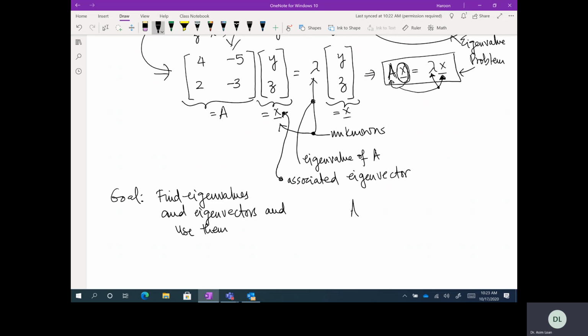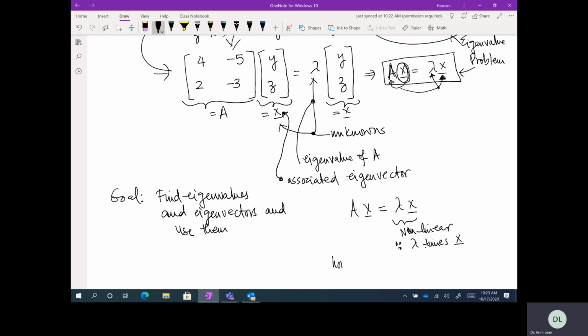So if you look at this equation, Ax equals lambda x, this is a non-linear equation. Why? Because lambda is multiplied by x. So lambda times the vector x.